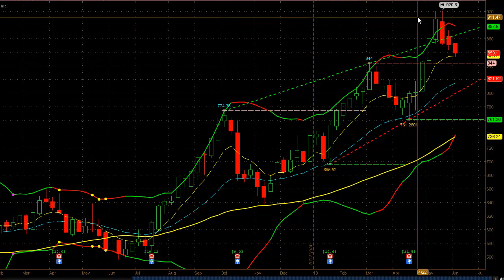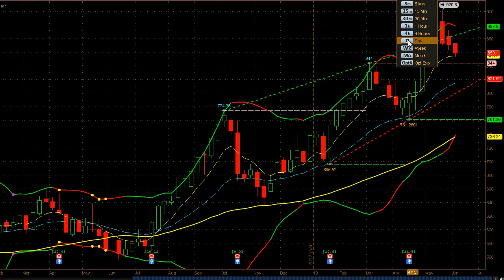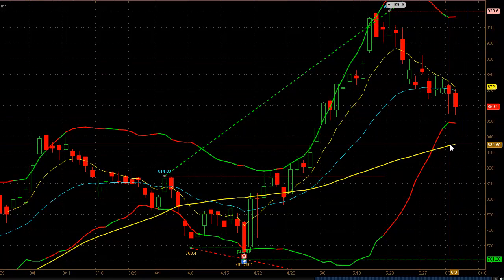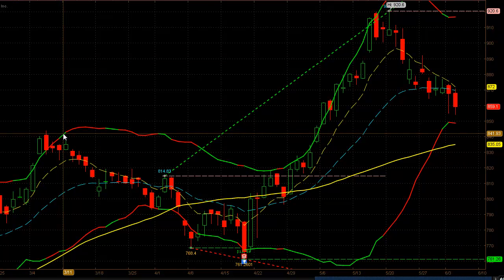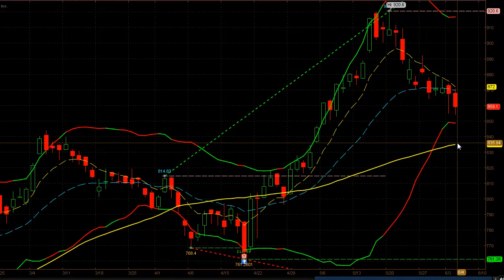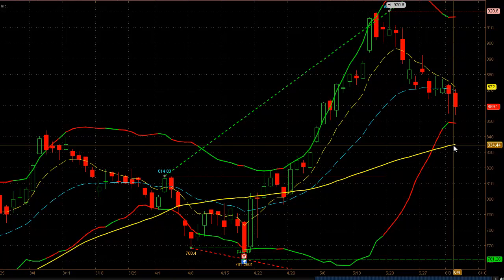And then after that, you go to the daily, and you can see the 50-day moving average, which is down here at 835. So I think there will be more interest for funds and institutions to start looking to buy Google when it approaches closer to this 50-day moving average.